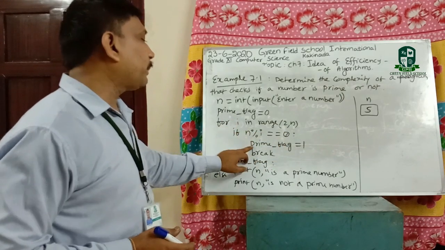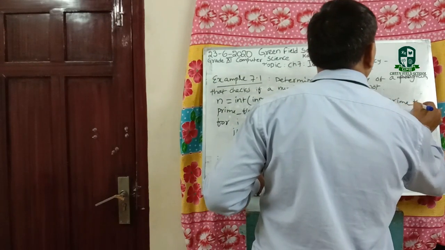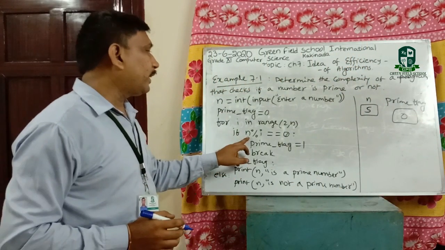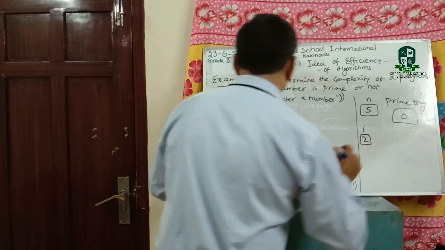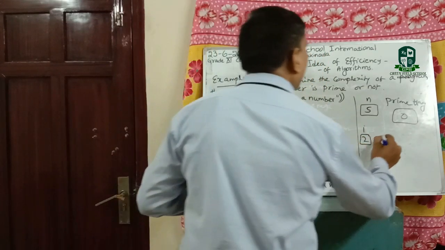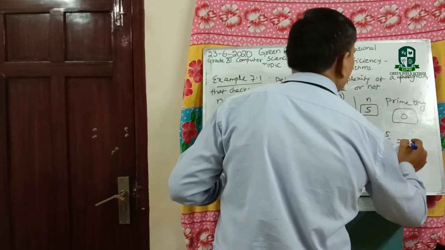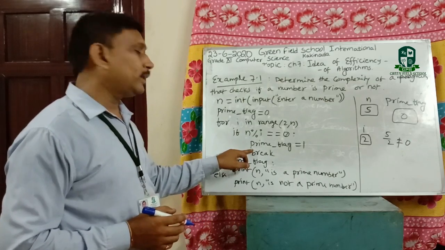The prime flag is initially 0, so when we divide 5 by i equal to 2, the remainder is not 0, that's why the prime flag is not set to 1.